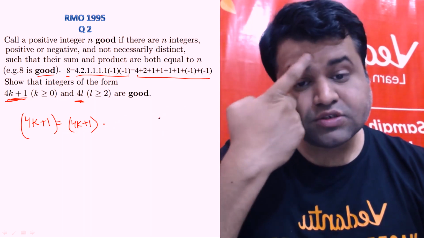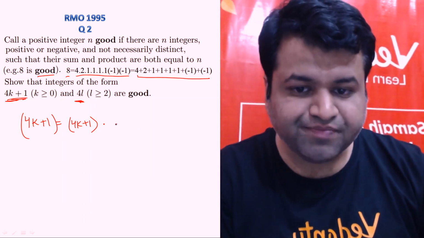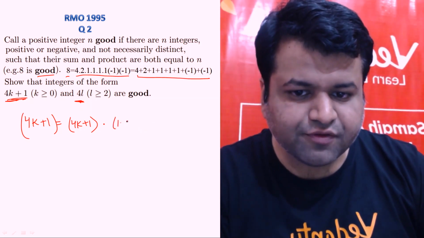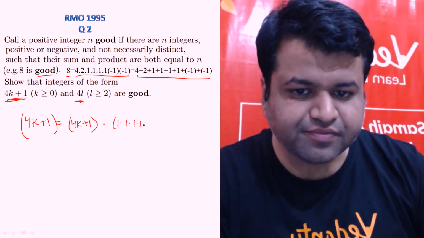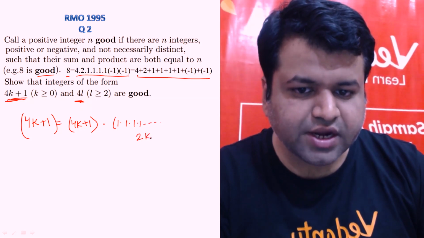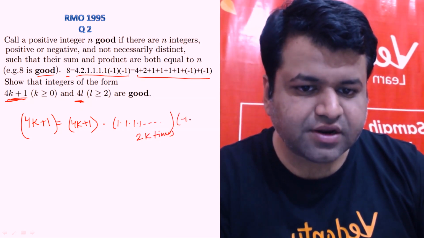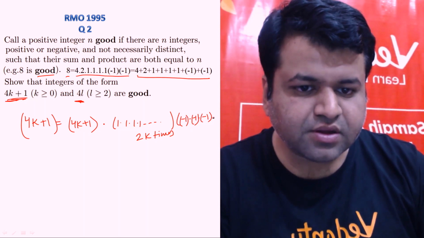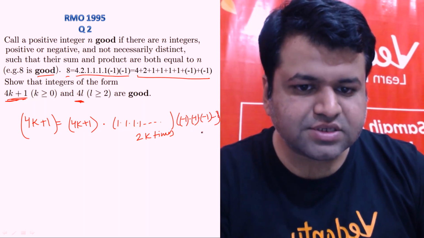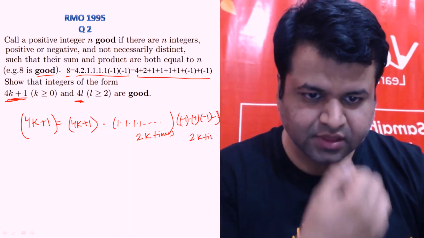So we can use either 1 or minus 1. Let's say we multiply 1 into 1 into 1, 2k times, and minus 1 into minus 1 into minus 1, also 2k times.